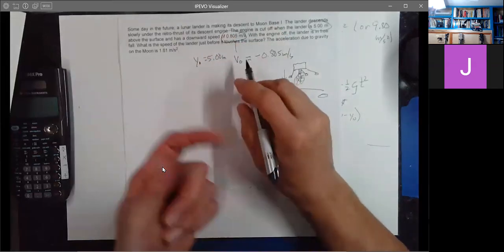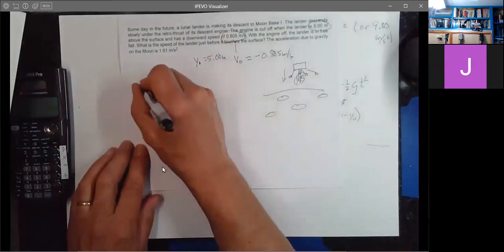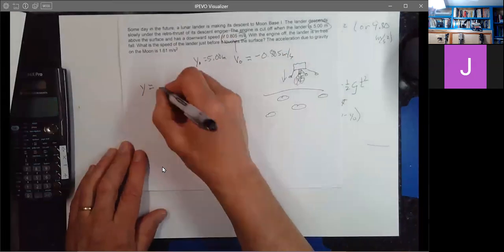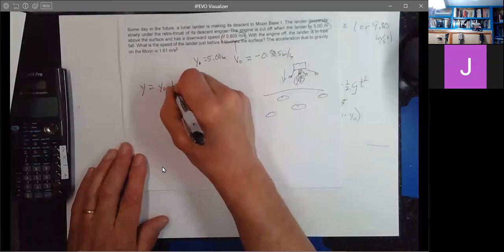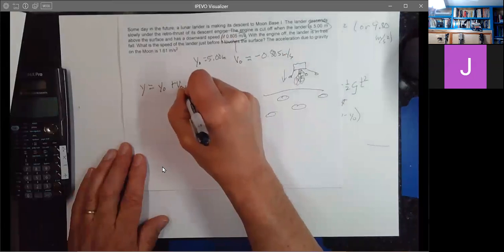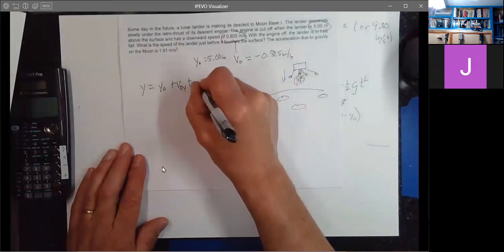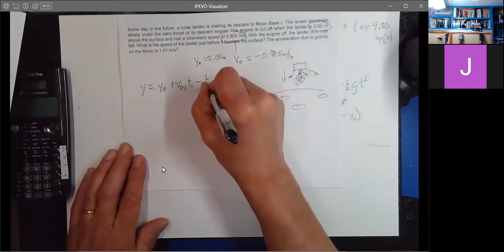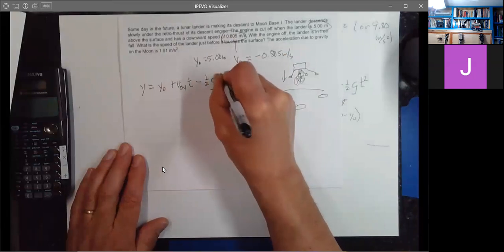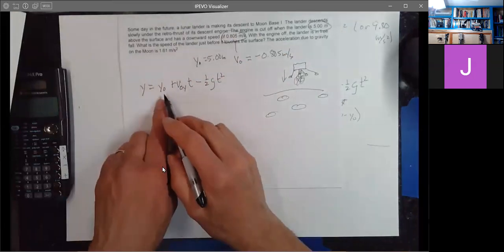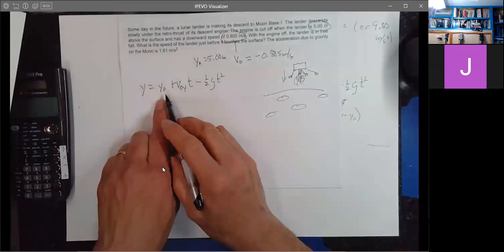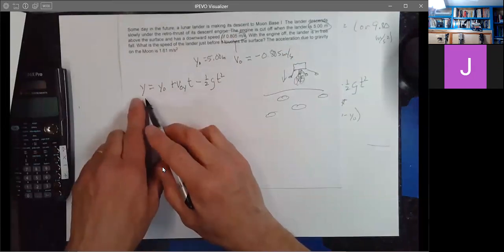And let's write the y equation. Okay, y is going to equal y naught plus v naught y t minus 1/2 gt squared. Okay, y naught is 5 meters. When it reaches the surface, y will be 0.